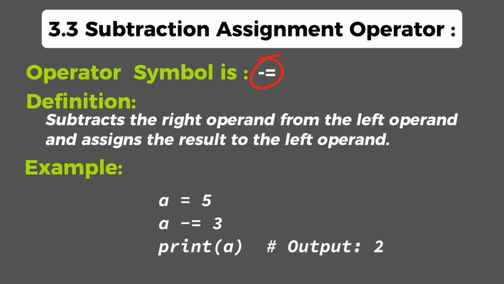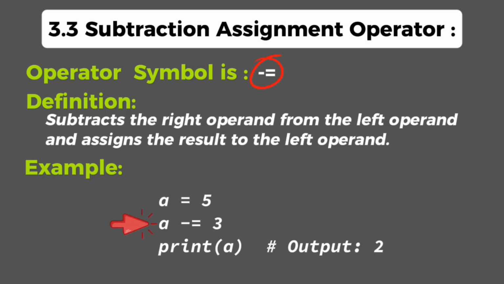The subtraction assignment operator is a shorthand way to subtract a value from a variable and update the variable with the result. Let's take a look at this code. First, we start by assigning 5 to the variable a. This just means a is now holding the value 5. Next, a minus equals 3.